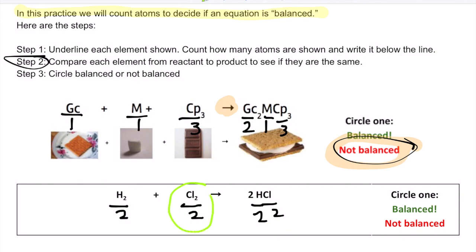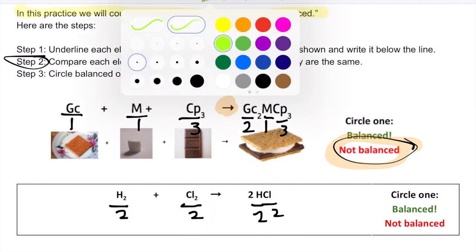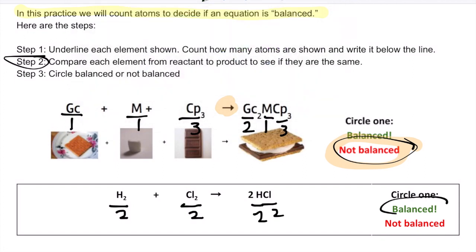The Cl's on this side, there's 2 Cl's, and over here there are also 2 Cl's. So that's the same. That means both elements are balanced from one side of the arrow to the other. So that one, yes, is balanced. That's how you do this worksheet. Do your best.